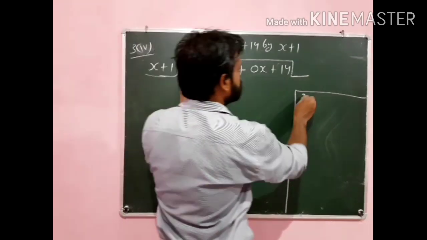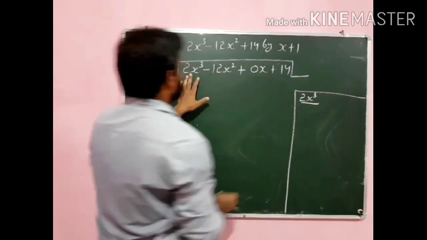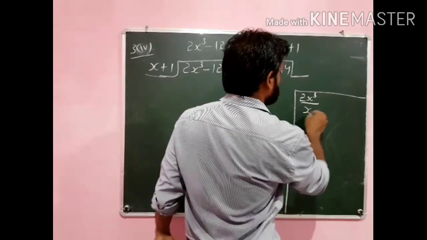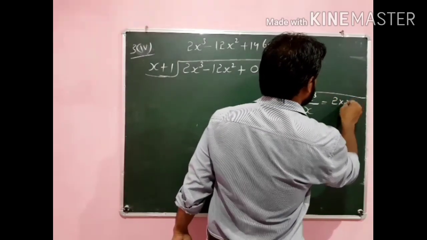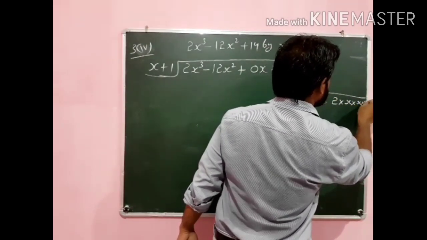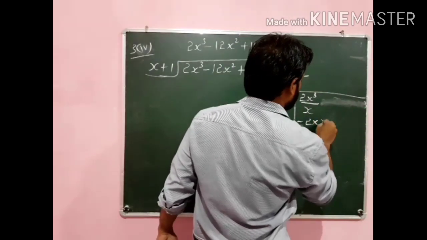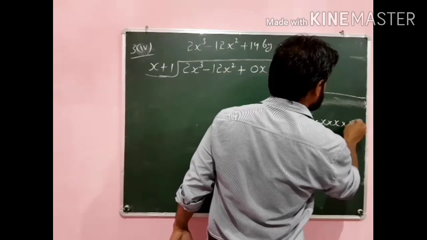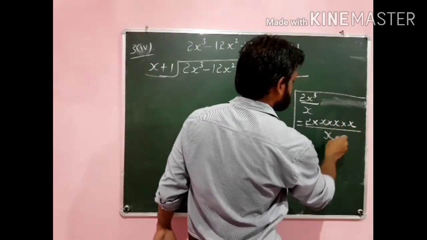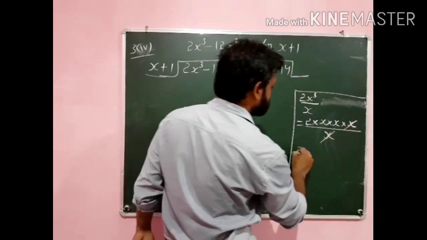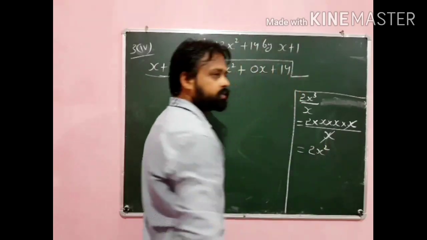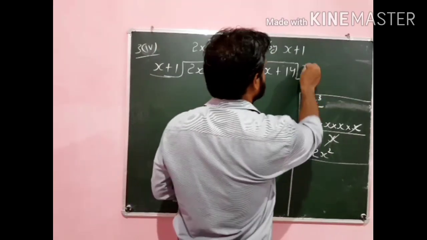This is 2x cube. You have to write down here 2x cube divided by this x. So it will become 2 into x into x into x, over x. And this x and this x are cancelled. So we got 2x square. So okay, write down this 2x square here.